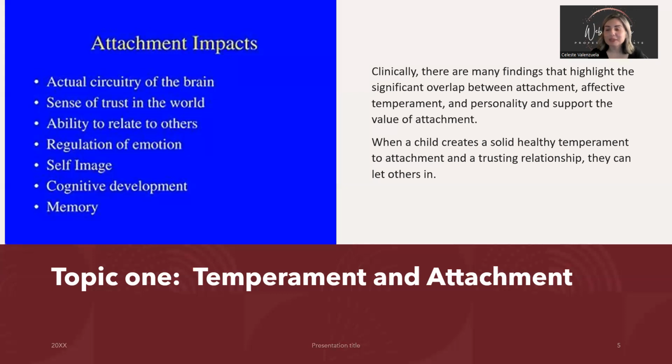In order to build that trusting relationship with you, the teacher, they can let others in because they feel safe, because they feel heard, because they feel calm. They're able to explore other elements that are happening within their environment, such as friends or new lessons or other adults, other teachers, that are in that environment. They're not just so closed off.